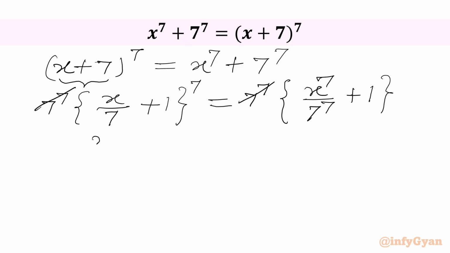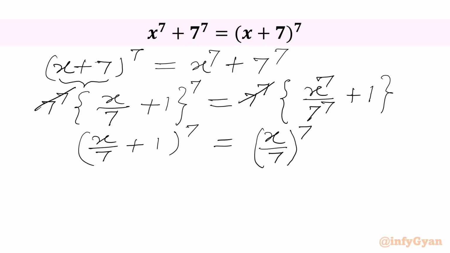Now I can write our equation (x/7 + 1)^7 from the LHS, and from the RHS we will use the exponent law. x^7/7^7 will be (x/7)^7 + 1. Now you can see x/7, x/7.